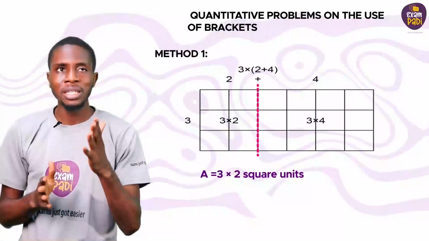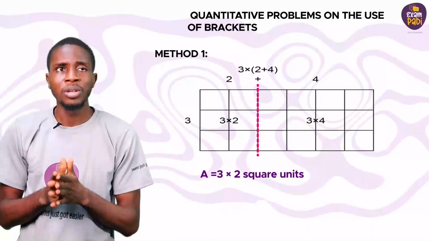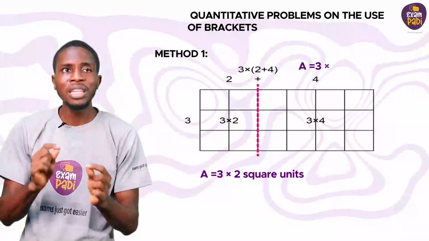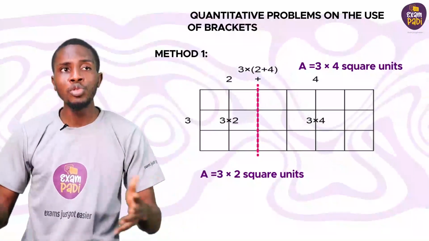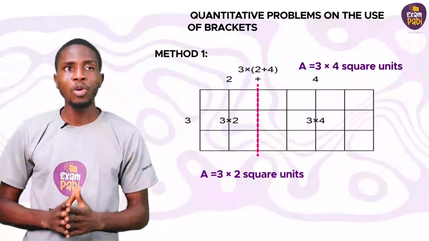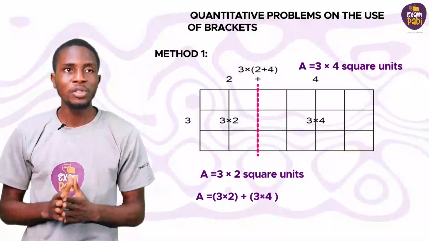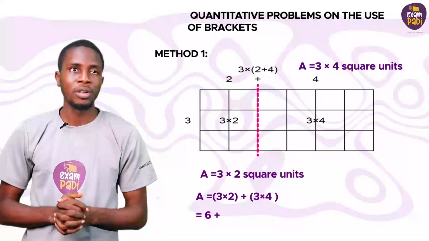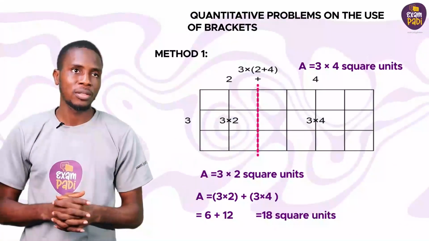This can be seen in the image. Area of the larger rectangle is A equals 3 times 4 square units. The total area of the two rectangles, A equals 3 times 2 plus 3 times 4. This gives us 6 plus 12, which equals 18 square units.